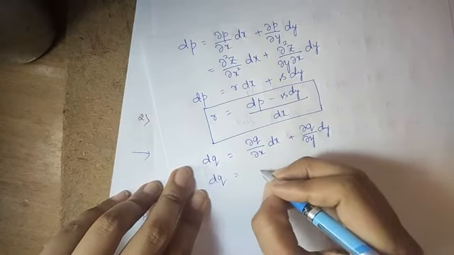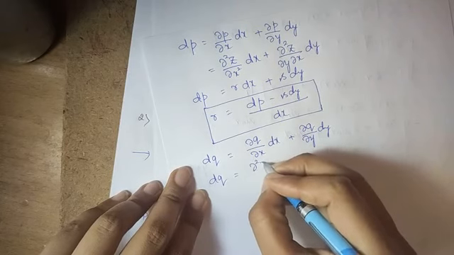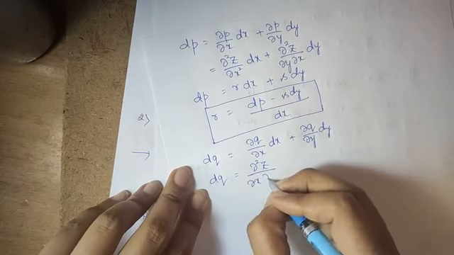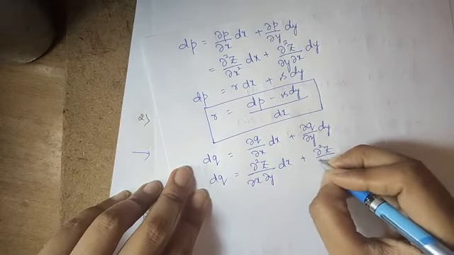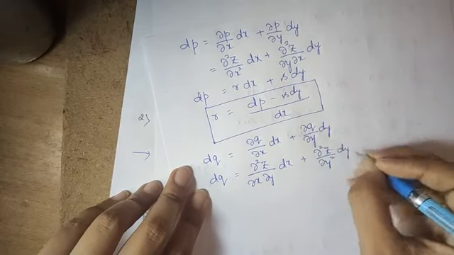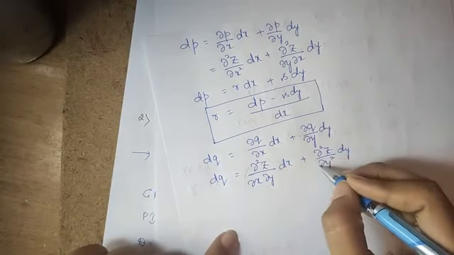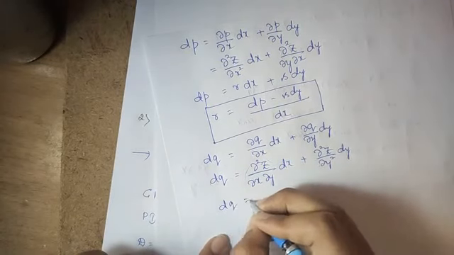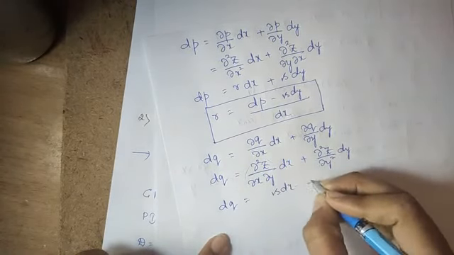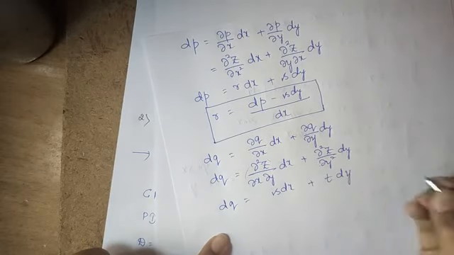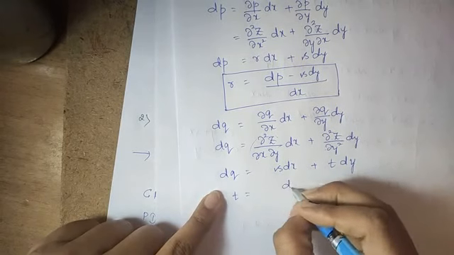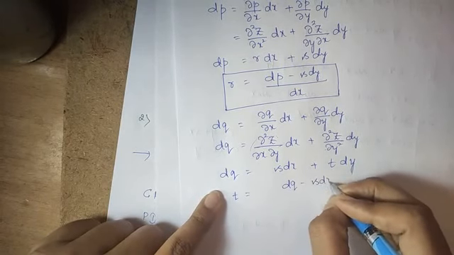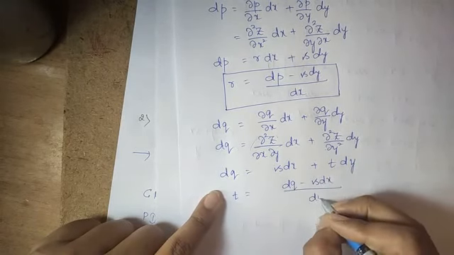Similarly, dq will become dou square z by dou x dou y into dx plus dou square z by dou y square into dy. This is nothing but s, this is t. So dq is equal to s into dx plus t into dy. From this I can write t is equal to dq minus s dx, divided by dy.